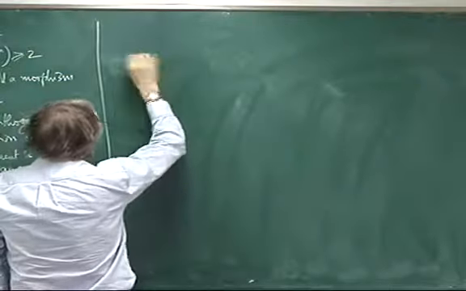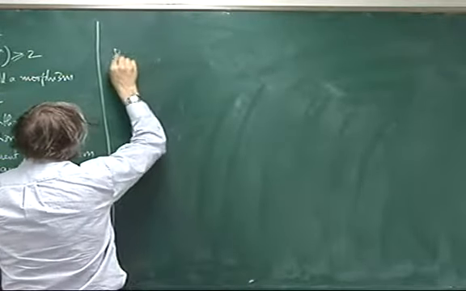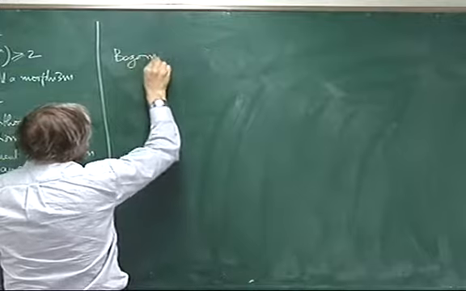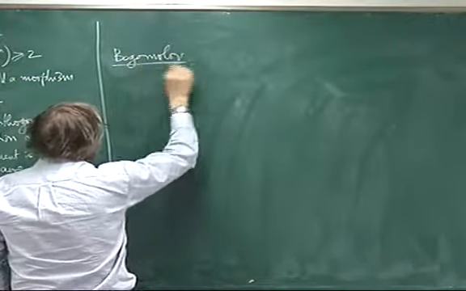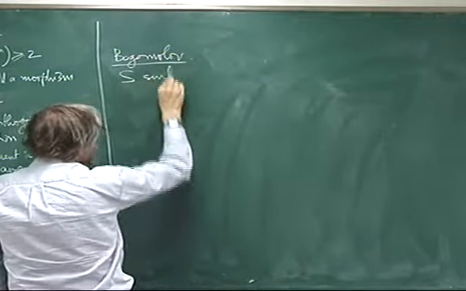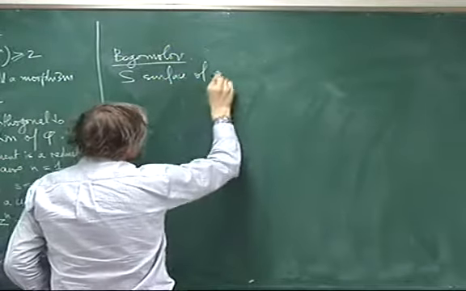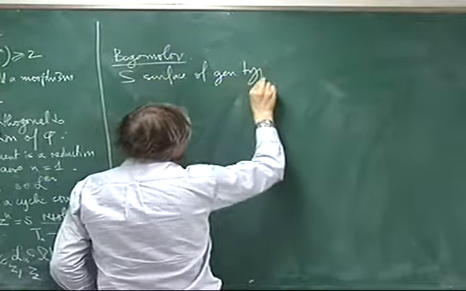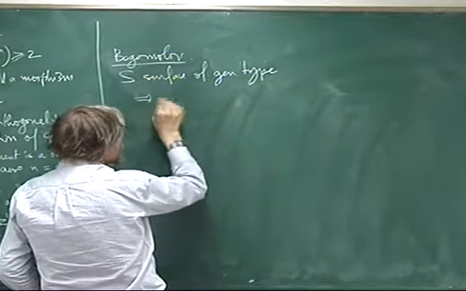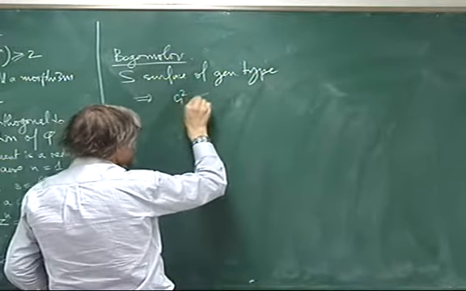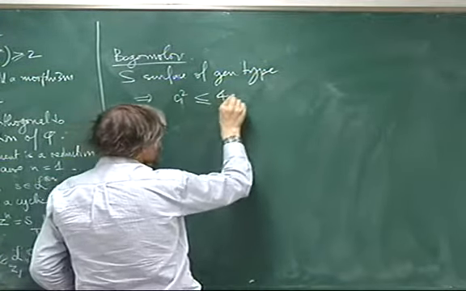Okay, so I recall what Bogomolov says. If S is a surface of general type, then C1 squared is less than or equal to 4C2.